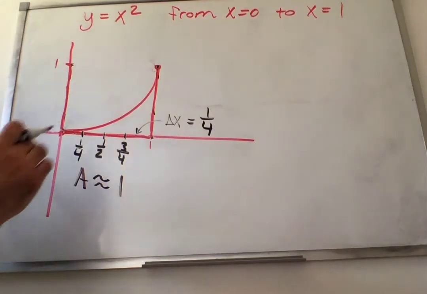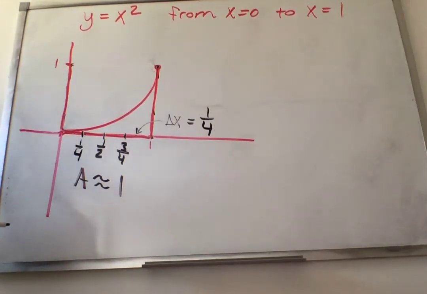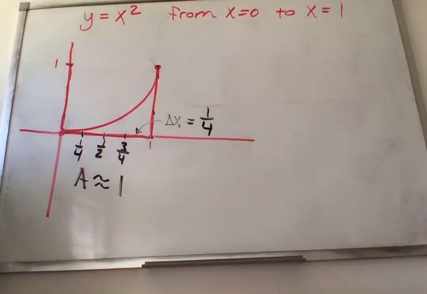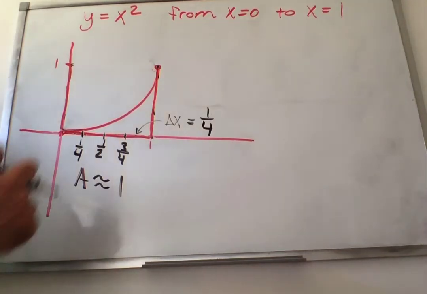Now what we do is draw rectangles. This depends on whether you want to do a left approximation, right approximation, or a midpoint approximation. I will show you the details of each one in the examples that we are going to do. Let's just say in this case this would be a right approximation.